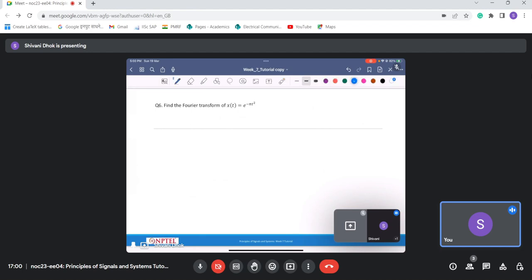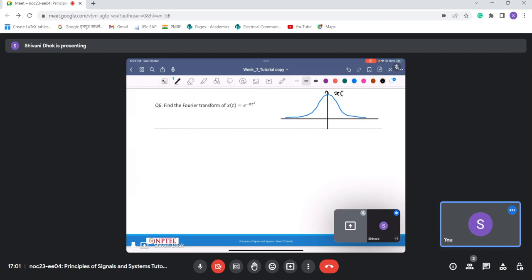So the signal x(t) that is given to us here is x(t) equal to e power minus pi t square. So this is basically a Gaussian curve which looks something like this, just symmetric about 0 here.